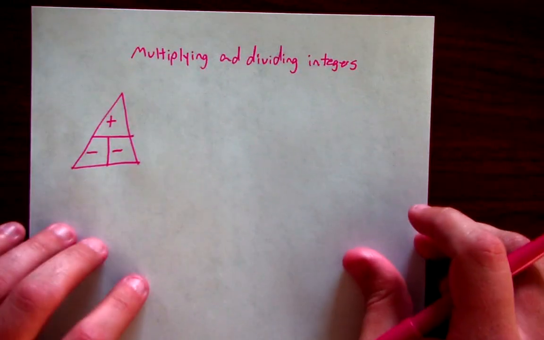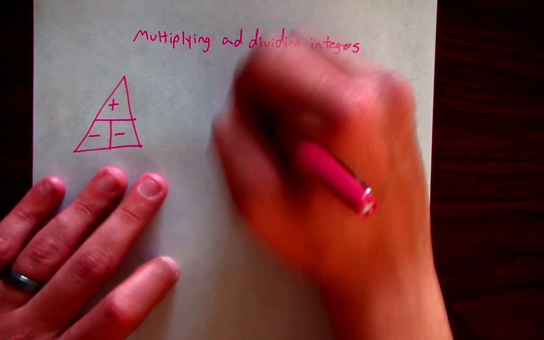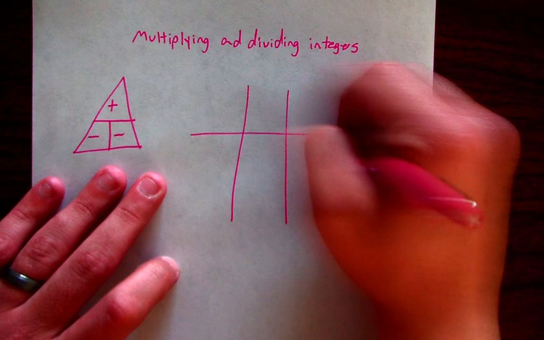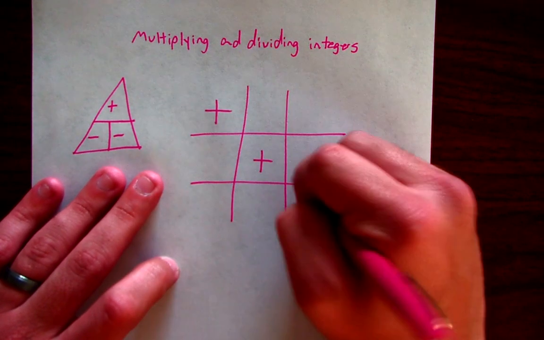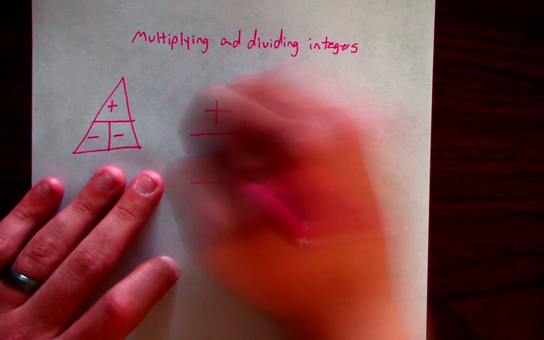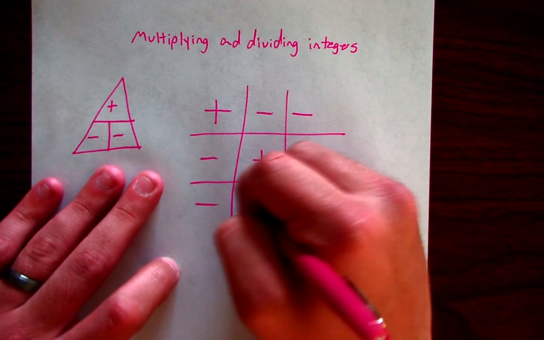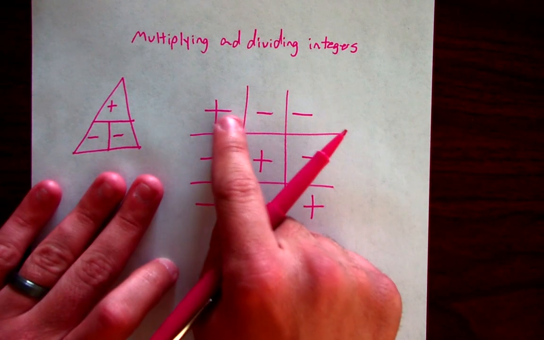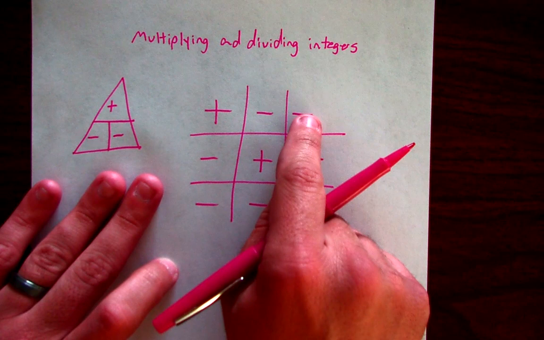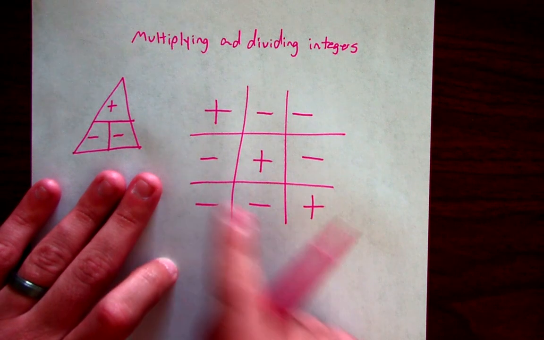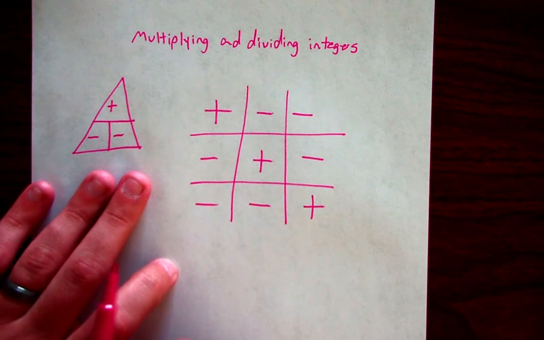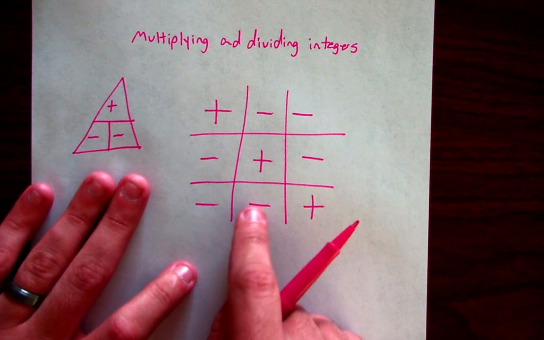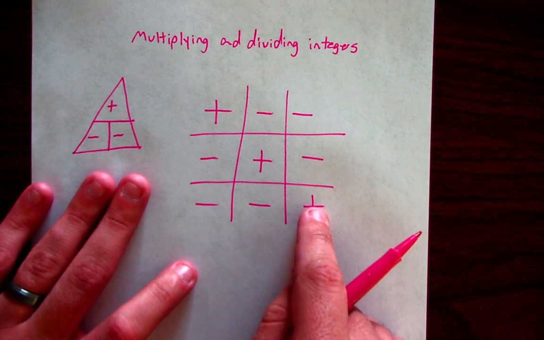The other way I showed y'all was the tic-tac-toe method. Tic-tac-toe, 3 positives in a row. A positive times a negative is a negative. A negative times a positive is a negative. A negative times a negative is a positive.